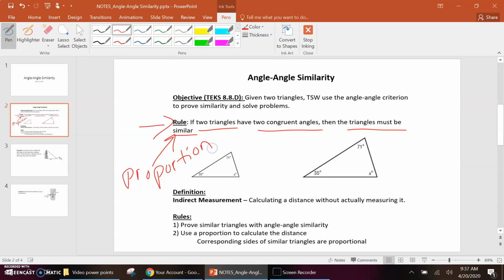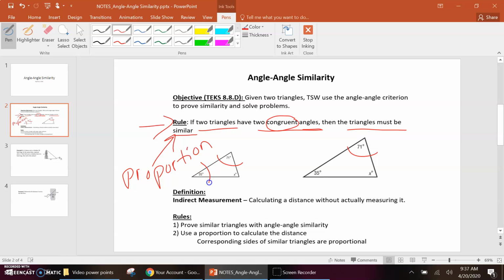Okay? Similar means same shape, different sizes. Congruent means same shape, same size, and they're referring to just the angles here. So as you can see, this angle here, which corresponds with that angle, your triangles are in the same position, are the same exact measurement.